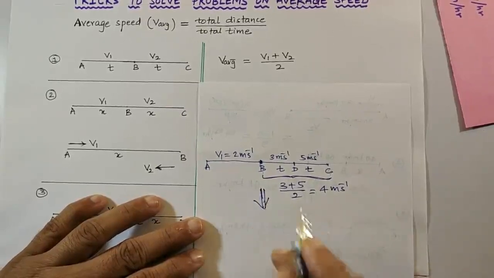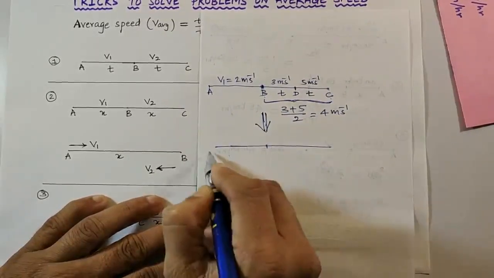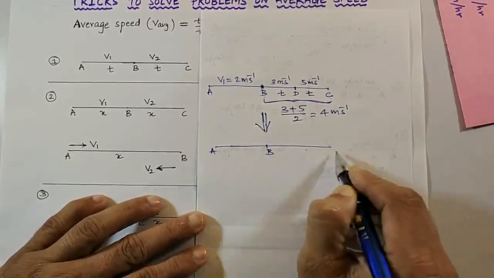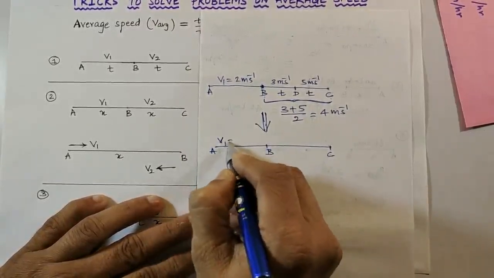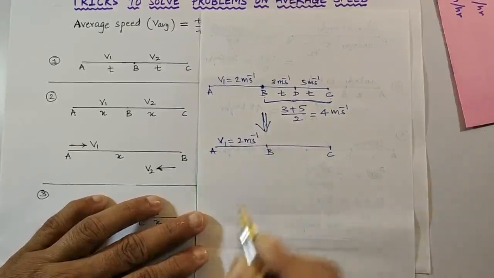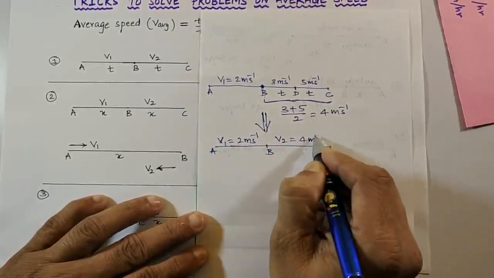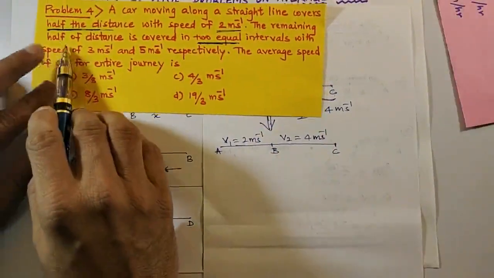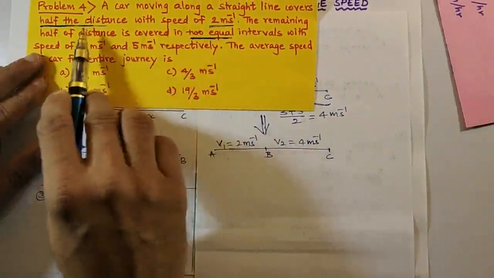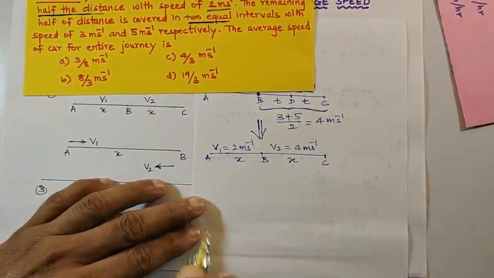Means now this I can draw as A, B, C. So A to B speed is 2 meters per second. From B to C speed is 4 meters per second. So distances are same, because here he says half the distance, then remaining half. So this distance and this distance is equal.